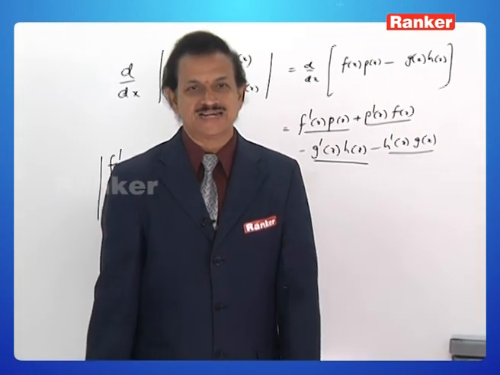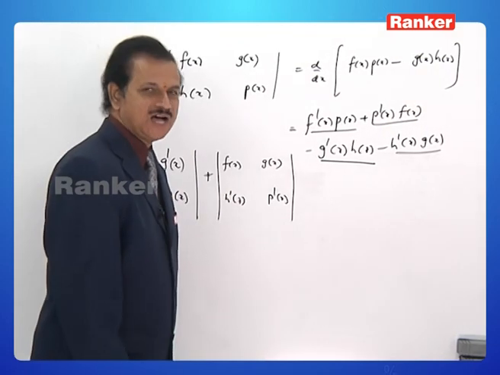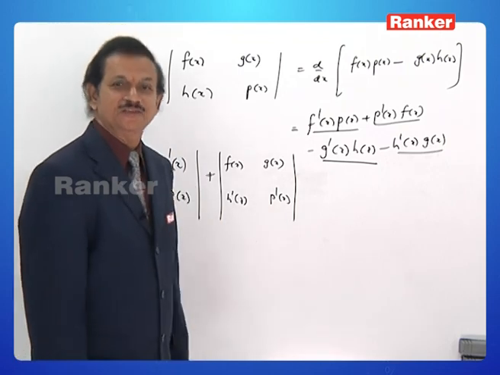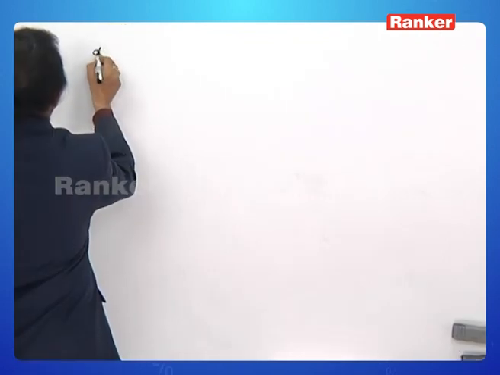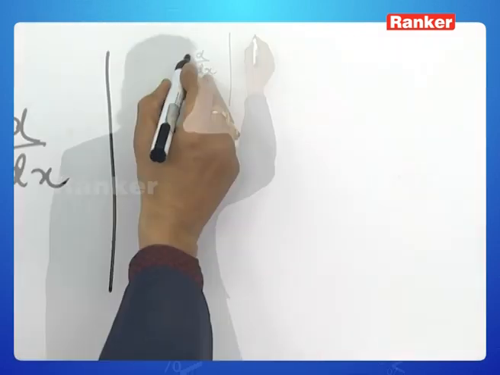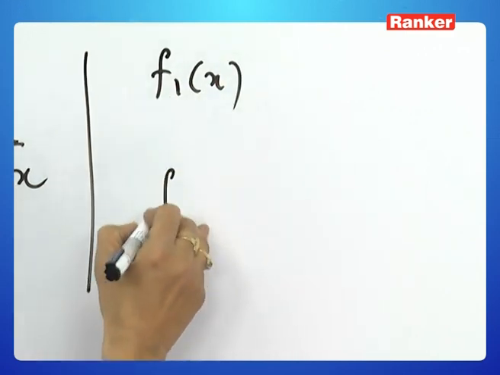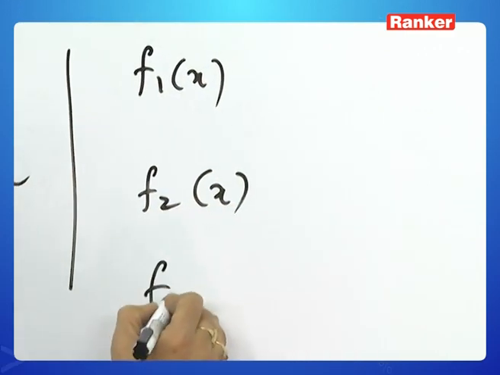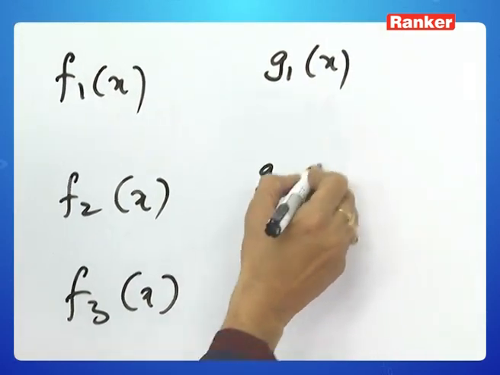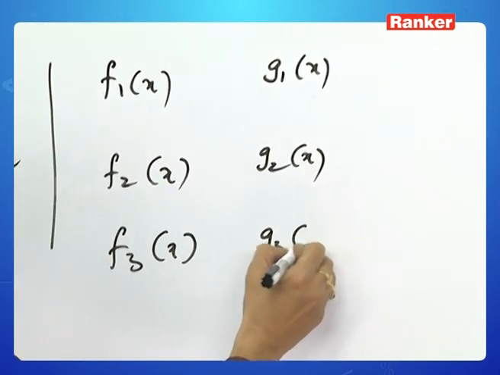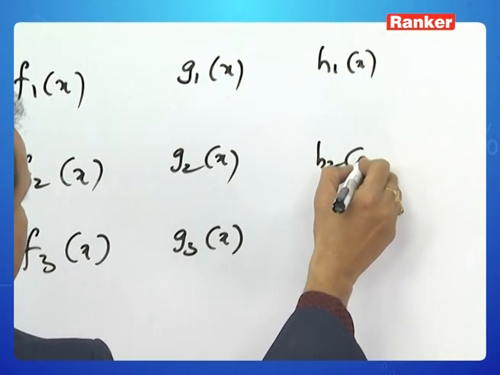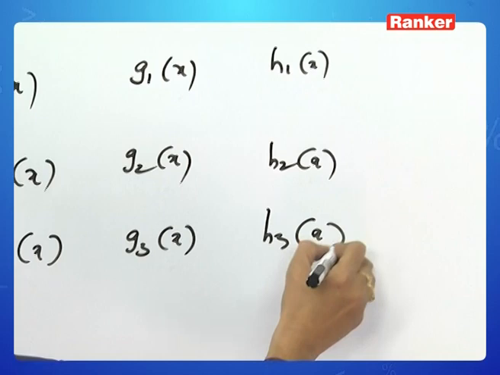Suppose there is a 3 by 3 matrix like this. As we are supposed to adopt a similar type of procedure, you can look at it. Consider the determinant f1 of x, f2 of x, f3 of x, g1 of x, g2 of x, g3 of x, h1 of x, h2 of x, h3 of x.